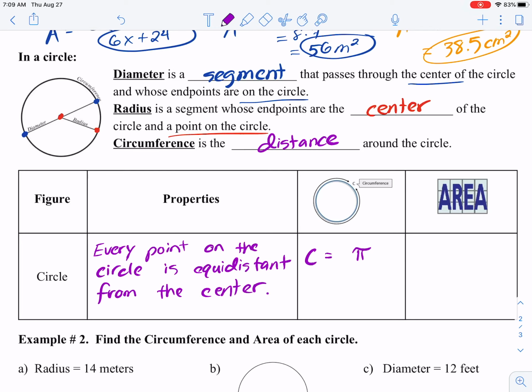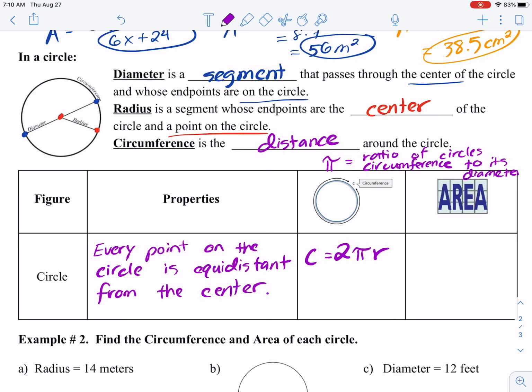So the circumference is always going to be 2 pi r. If you remember pi, let's put the definition up here. It's the ratio of a circle's circumference to its diameter.